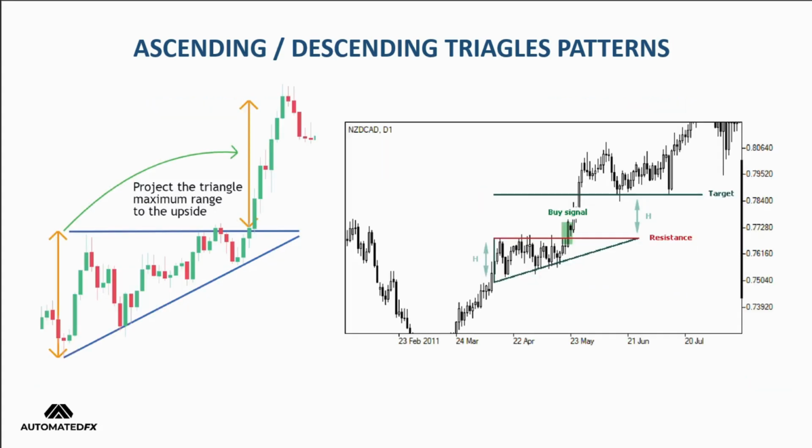And the next important thing is the descending triangle. A descending triangle is typically a bearish continuation pattern. It develops when price makes lower highs while testing a horizontal support level.